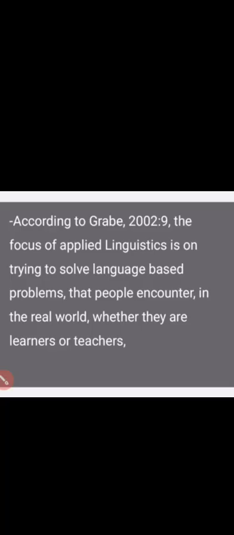Grabe believes that the focus of applied linguistics is a matter of solving language-based problems that people may encounter in the real world, and that may be scattered here and there between learners and teachers.